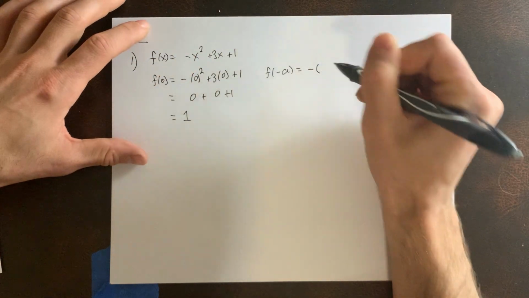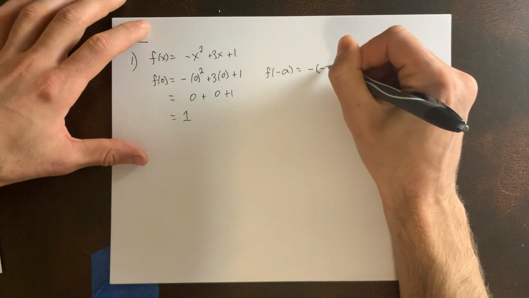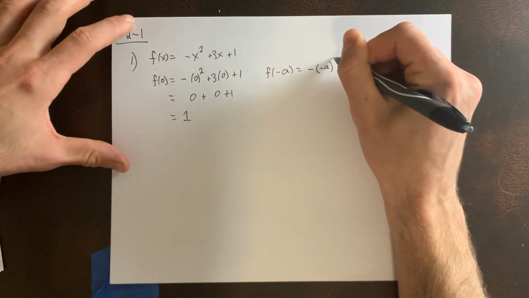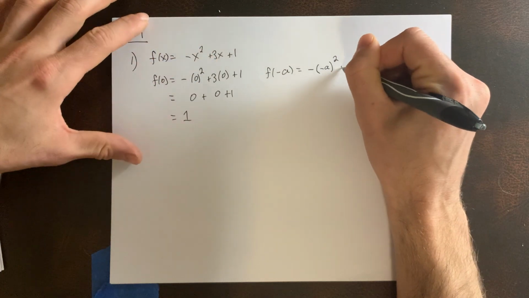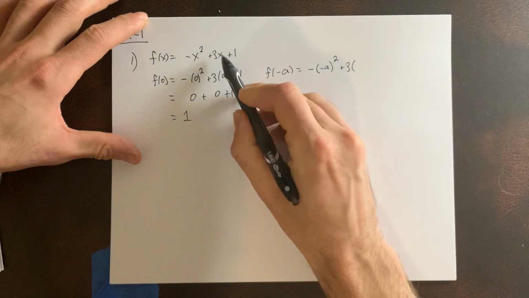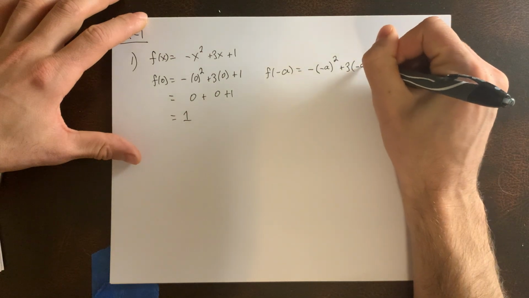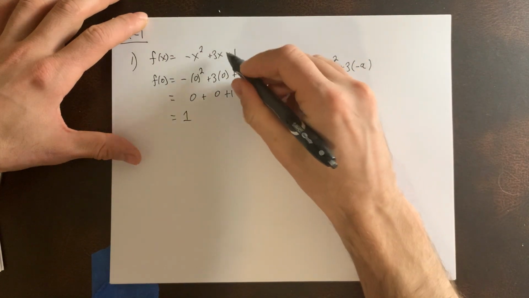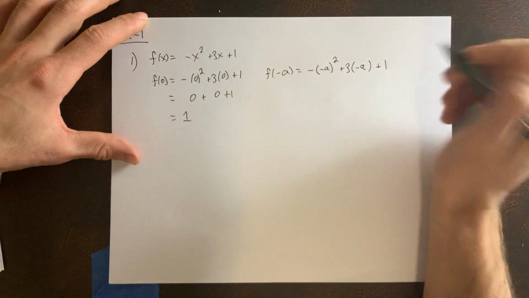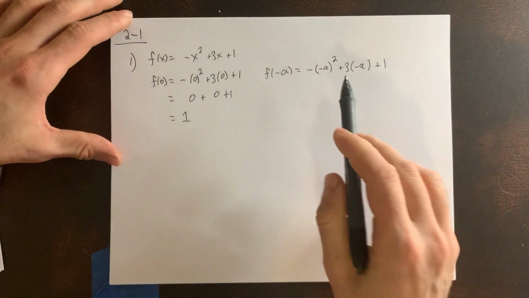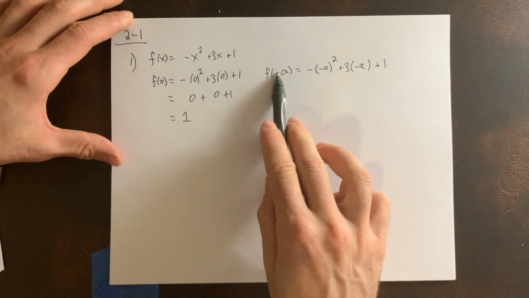Here's our x, so that's where we're putting this piece in, minus a. Then there's the squared, so plus 3. So here's another x, so put parentheses, and then we're placing this on the inside, the minus a, and then plus 1. So again, the same thing we did with this 0. Instead of plugging in 0, we're plugging in minus a.